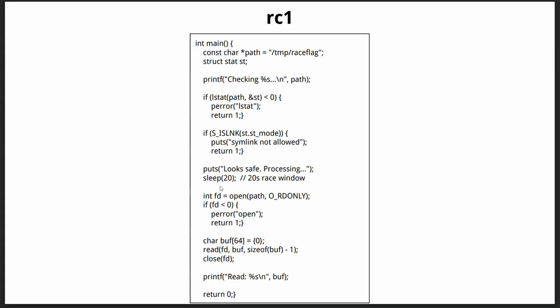The program is awakened and keeps running. It opens the file. Now it's not opening the original file. Instead, it's opening the flag file and printing out the results. So that's why it's called the time-of-check to time-of-use vulnerability.